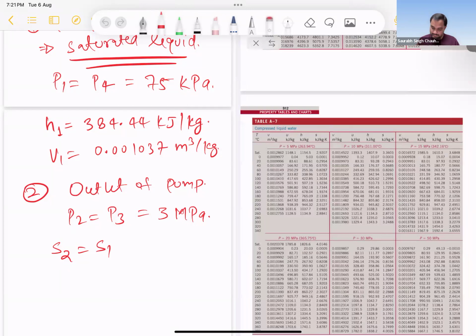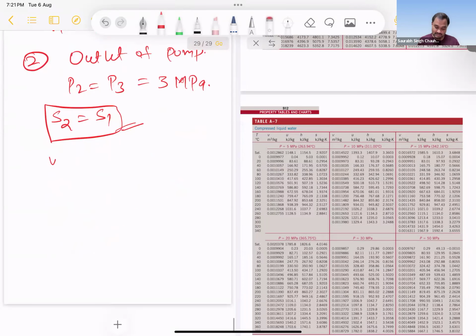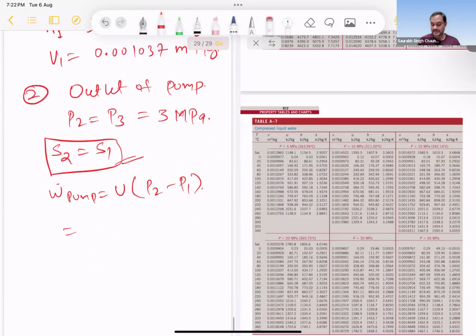Sorry, we don't need this value. Why? Because the pump work we have already discussed is given by specific volume into pressure rise. So P2 we have, P1 we have, V already we have, so there is no need to find any other quantity. We can find other quantities, but they will be of no use. These values are enough to calculate pump work.